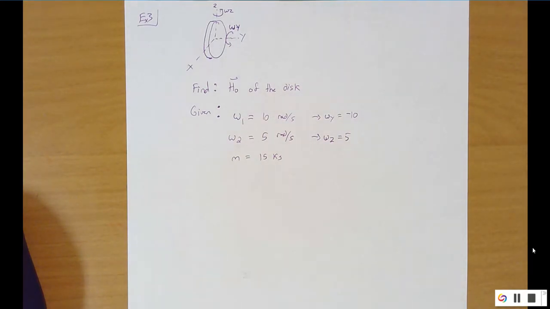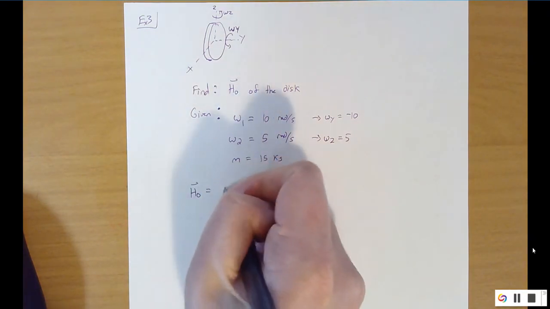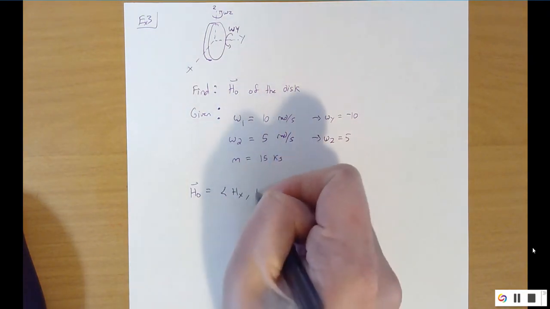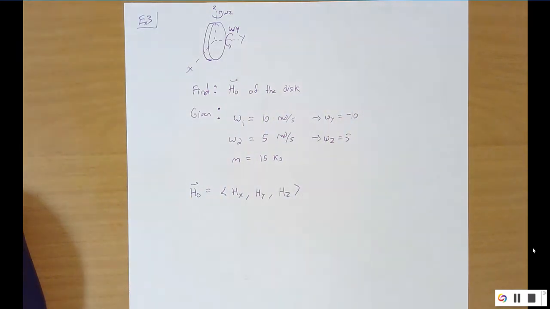So we have been asked to find H0. So we know that H0 will take the form Hx, Hy, and Hz. And all of these will be about O. So that's our base point that we're going to use for our coordinate system. We're not going to move our coordinate system around if we don't have to. So let's write these out.